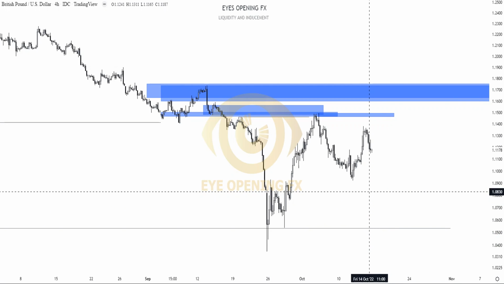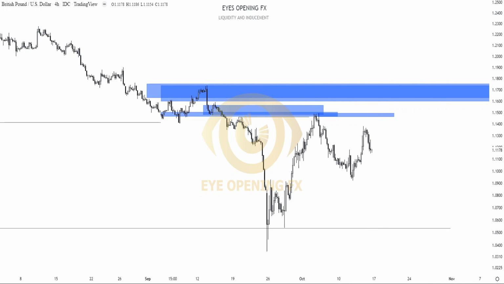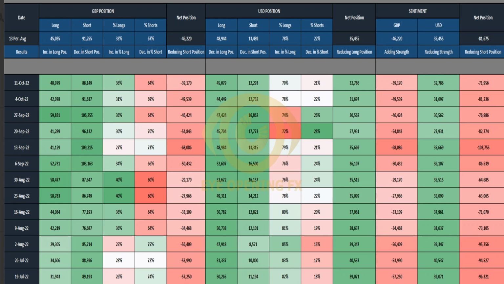Now let's go and see the outlook on this pair. On GBP, we have increasing long position based on the 13 weeks data, and a decreasing short position. So the net position on GBP is that they are reducing the short position for this week. We can use this week's data to calculate what will likely happen in terms of quote data for this coming week.